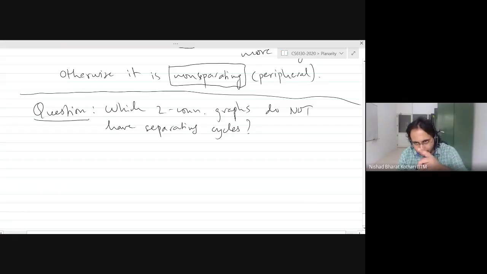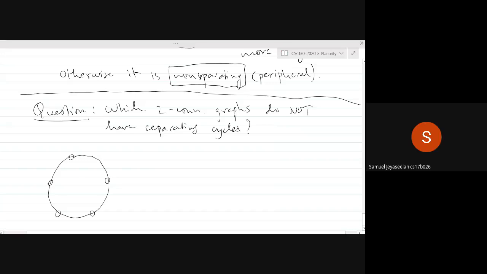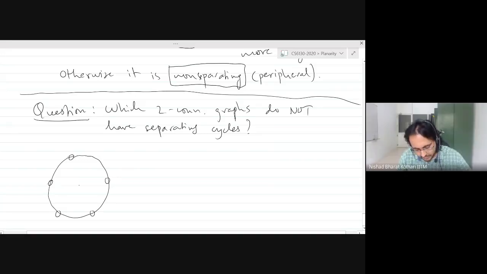Somebody already wrote a correct answer, but I'm going to come back to that in a bit. Let's look at this example first. Okay, let's look at this graph.